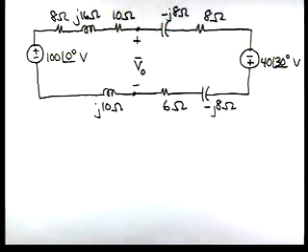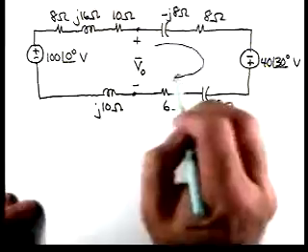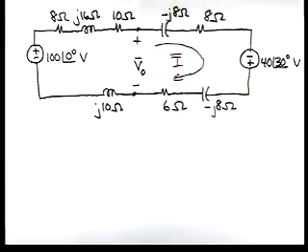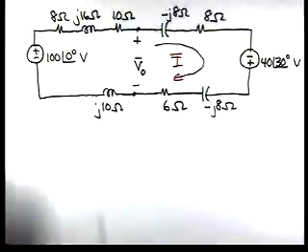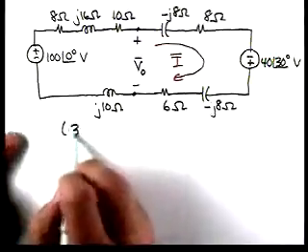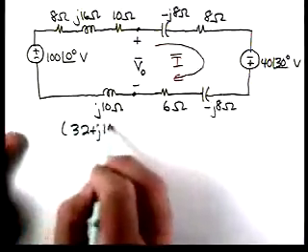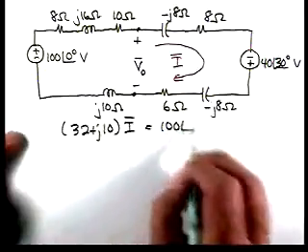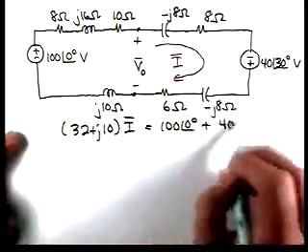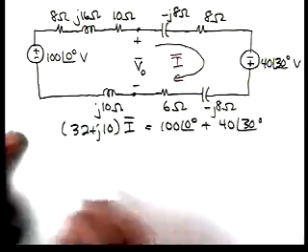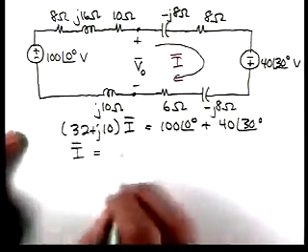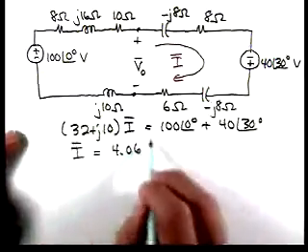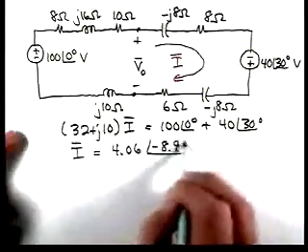Now we can analyze this circuit. Again, this is a single loop circuit, so we can define a current I, and if we apply KVL, we'll have (32 + j10) times I is equal to 100 at an angle of 0 plus 40 at an angle of 30. It tells us that I is equal to 4.06 at an angle of minus 8.9 degrees.